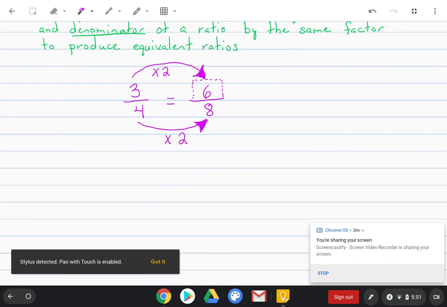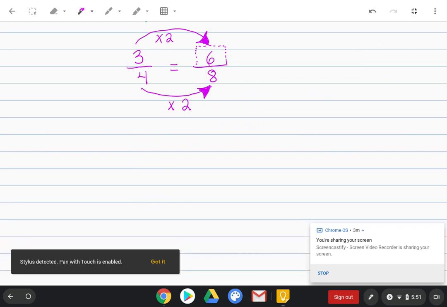And you might be wondering, well, what do you mean by 3/4 is equivalent to 6/8? Those look like different numbers to me. I can prove that in several ways. One way I'm going to prove it is with division.